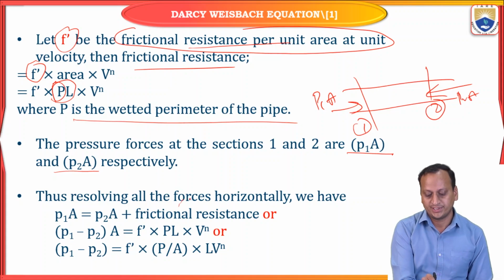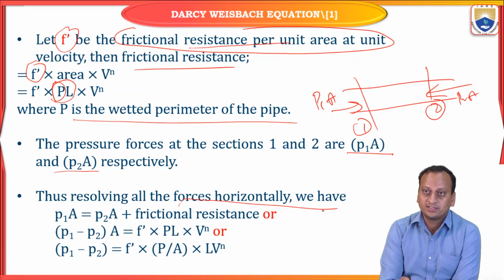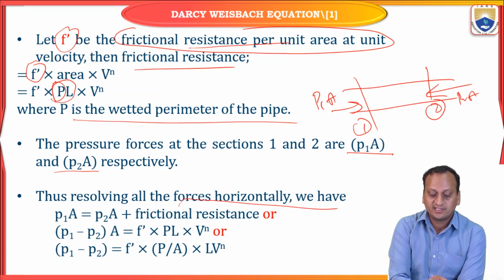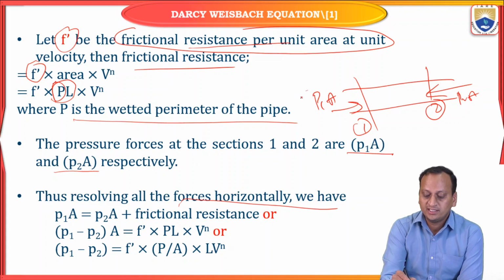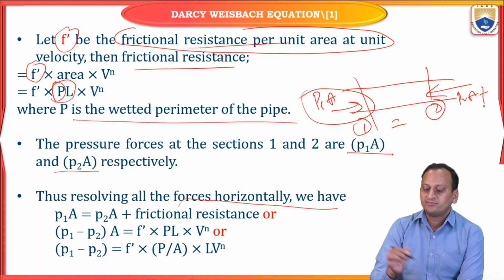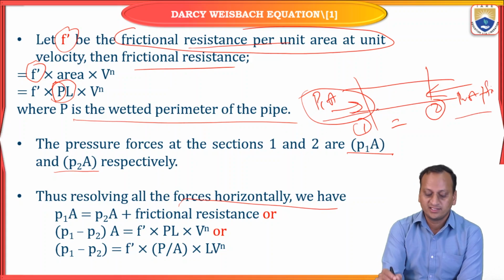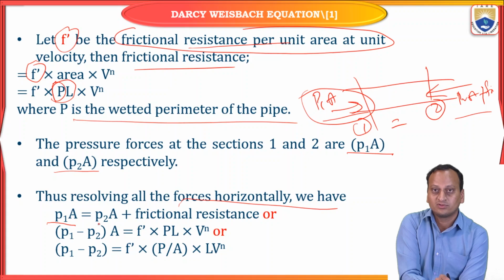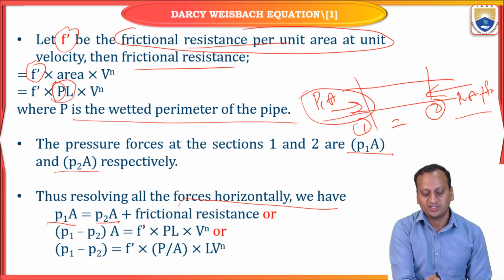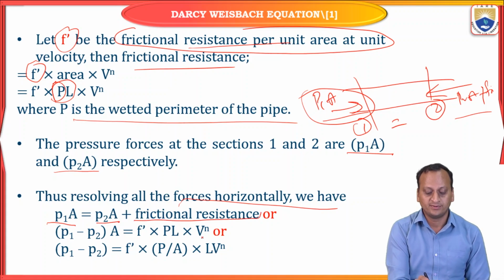Thus, resolving the forces on the pipe between section 1 and 2 horizontally, the pressure force at inlet P1 into A is equal to P2 into A plus the frictional resistance, where the frictional resistance is f dash into area into V power n.